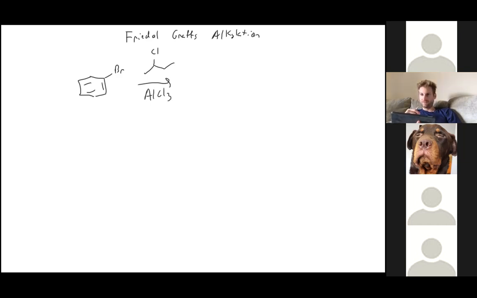We're going to form a complex initially pretty similar to what we were forming before. But this is going to fall apart and just end up generating a carbocation.